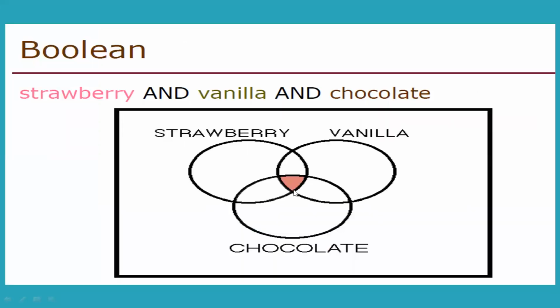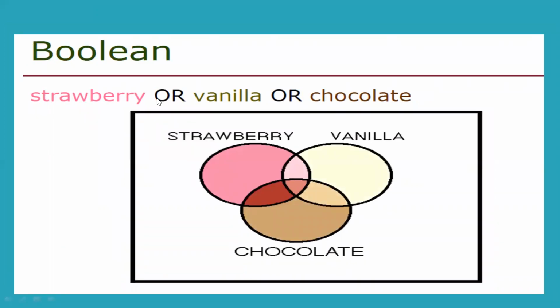So let's see how it works. For example, if you have three things in your mind, say strawberry, vanilla, and chocolate, but you want the articles which have all these three, what you get is the intersection of these three, and your result output is quite focused.